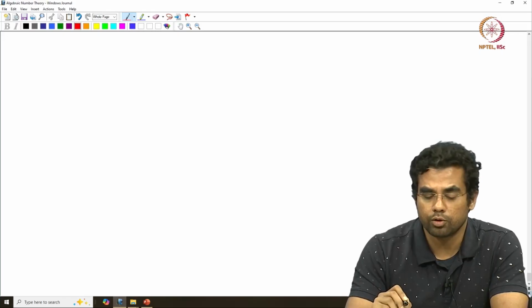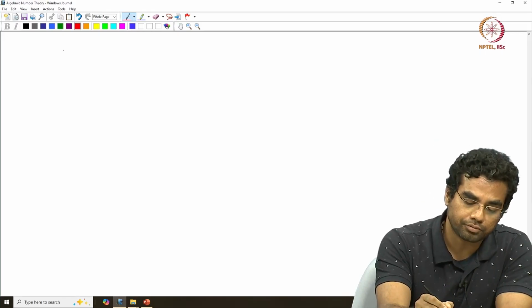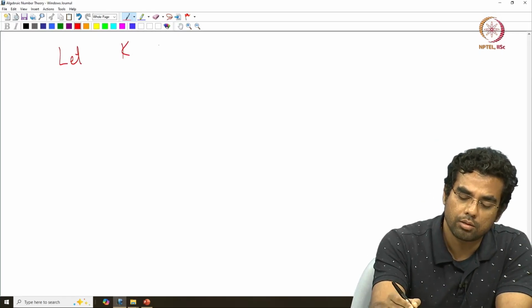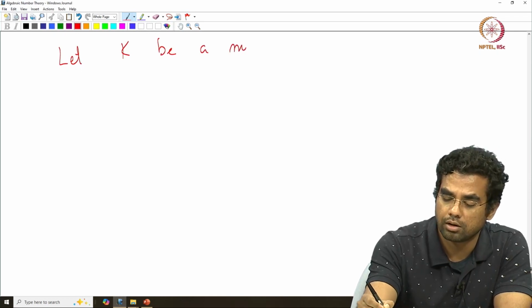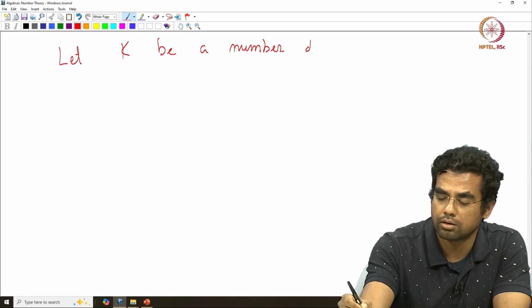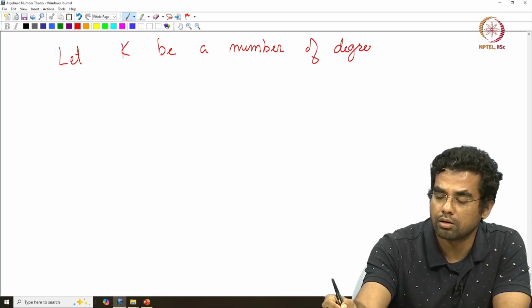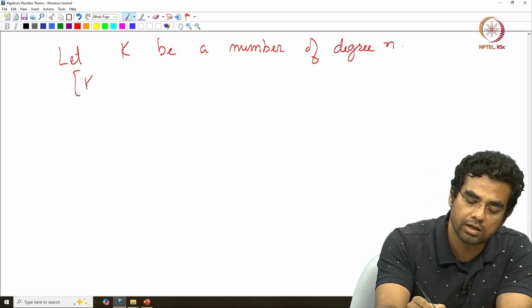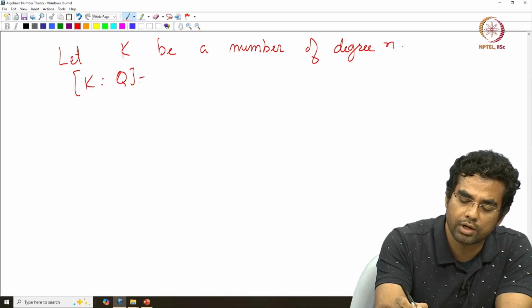So one obvious way to proceed is the following. Let K be a number field of degree n. This means that the degree of K over Q is n.